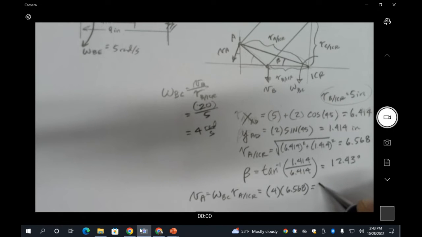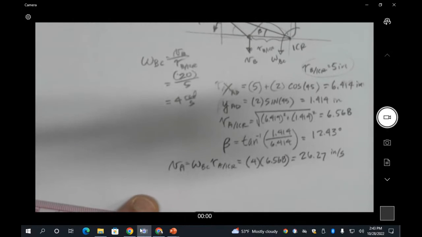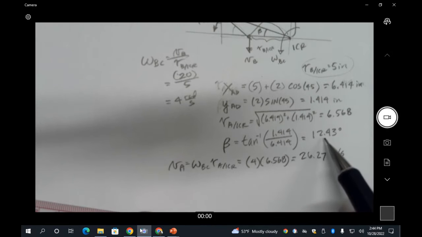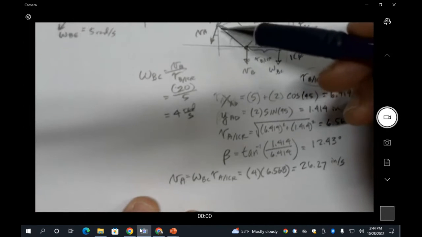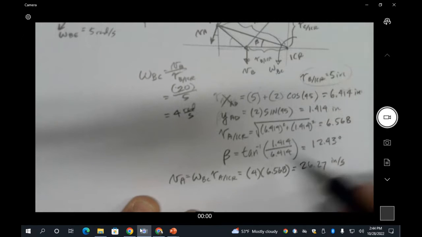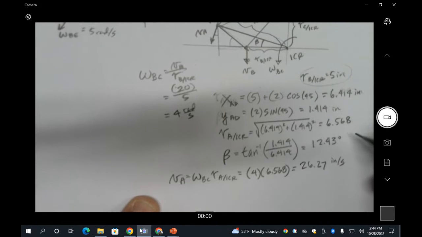So we end up getting 26.27 inches per second. And we want to answer this in the standard way, which is to refer to the horizontal. This angle right here is actually from the vertical. So we need the complement of this.